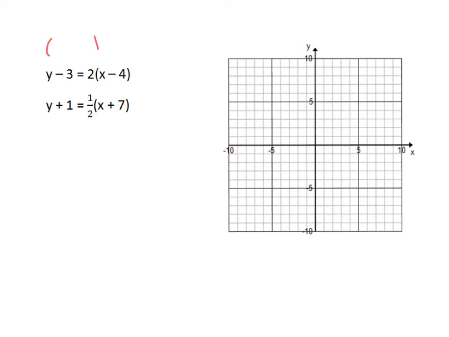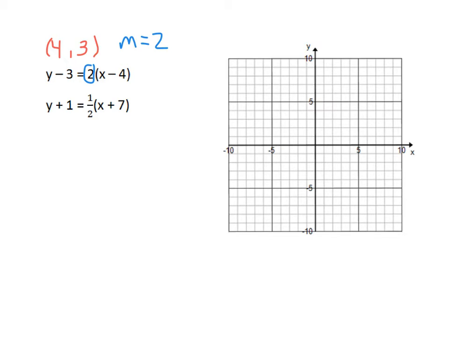Now remember, the point, we've learned this in previous lessons, is found by using the x-coordinate found here, but it's the opposite of this, so not -4, but +4. And the y-coordinate comes from right here by y, and it's not -3, but +3. And that's our point, and now our slope is that number that's always right in front of the parentheses, which is 2.